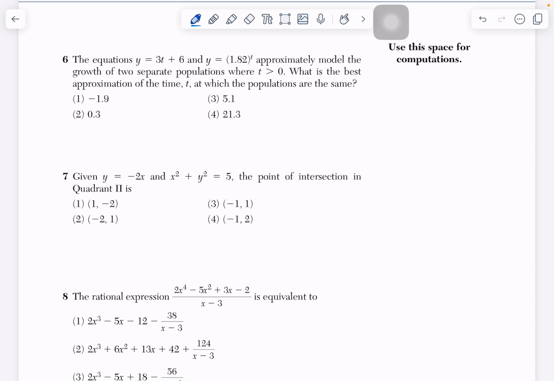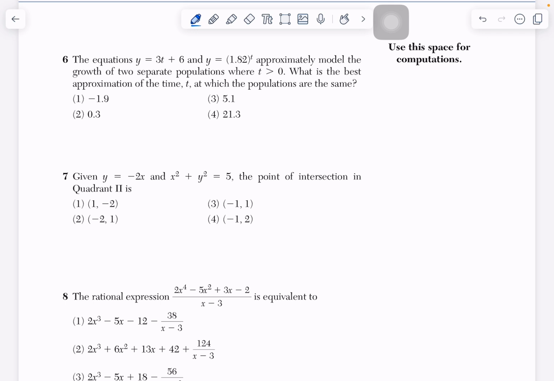This one here I also did on my calculator. So we want to find the intersecting point. Now, here's the one that really bugs me. The equation y = 3x + 6 is equal to y = 1.82^x. I'm going to call them x's because we're going to put them in x's in our calculator.